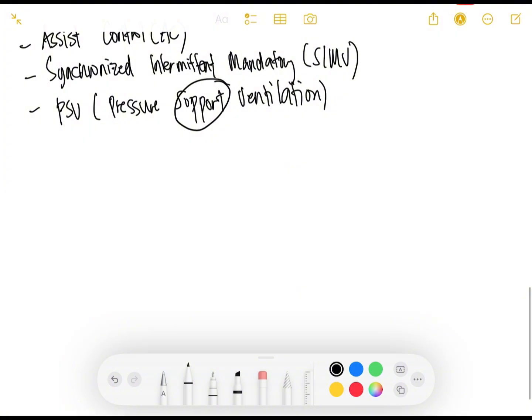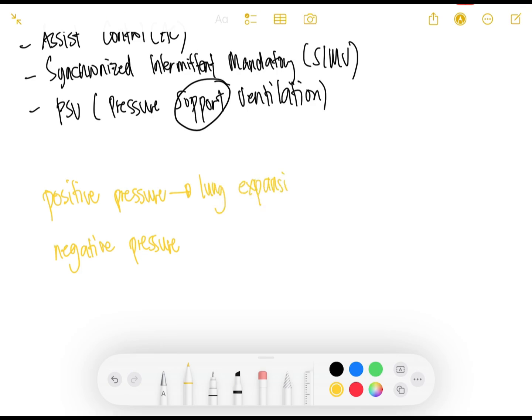Now, there are two types of pressure delivered by a mech vent. Number 1, you have positive pressure. And next is negative pressure. Okay, the positive pressure, this allows for lung expansion. Na-discuss yan as isang example under this is the PEEP or positive end-expiratory pressure.